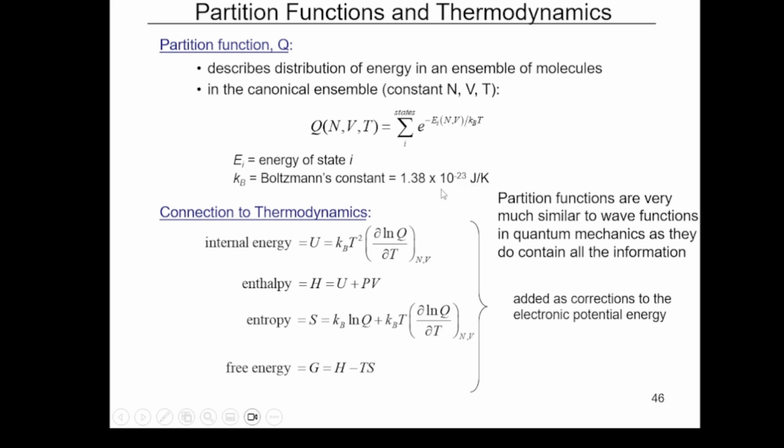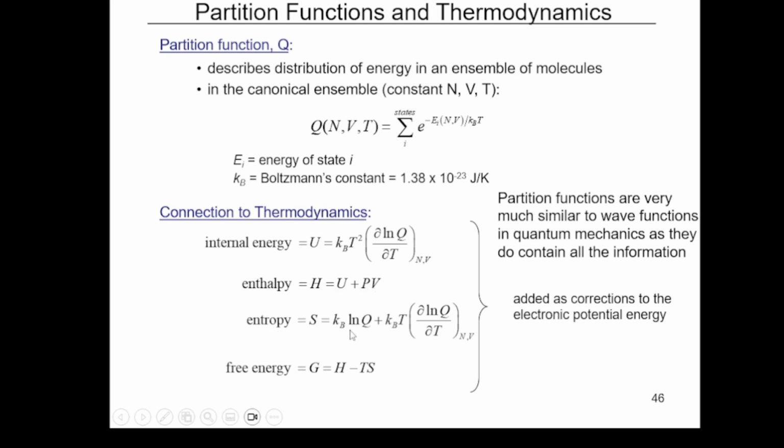The partition function in statistical thermodynamics is very much similar to the wave function in quantum mechanics because it contains all the information in statistical thermodynamics. With this partition function, if you calculate internal energy, it will be given by this equation. Enthalpy is given by internal energy plus PV.